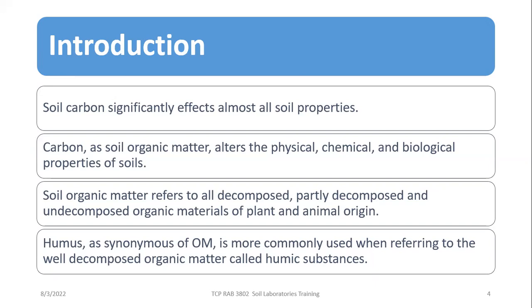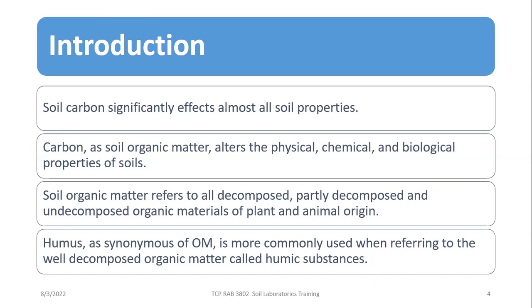Carbon has two types, basically, organic and inorganic. Carbon as soil organic matter changes the physical, chemical, and biological properties of soil. There is always a synonym, soil organic matter and humus.